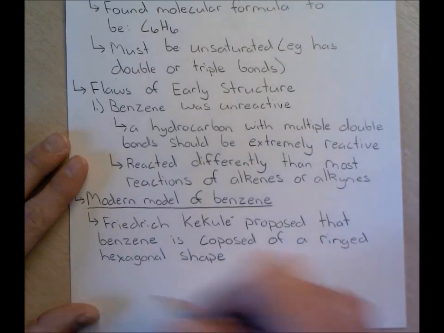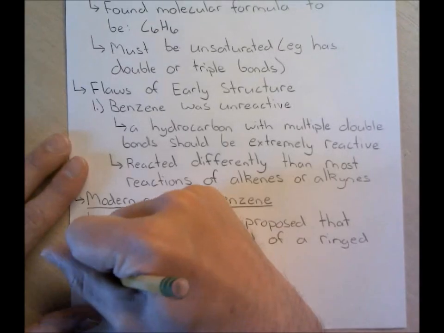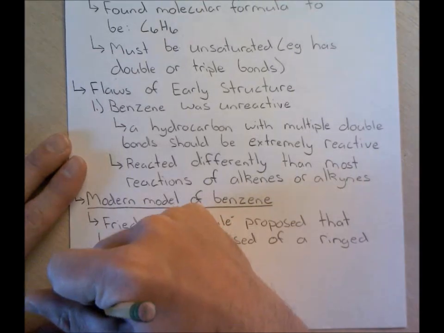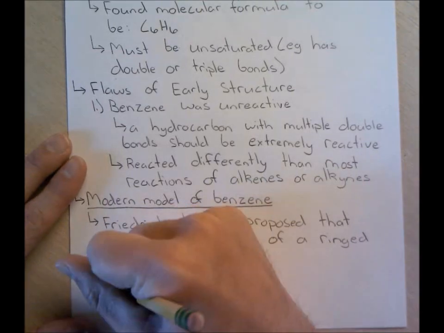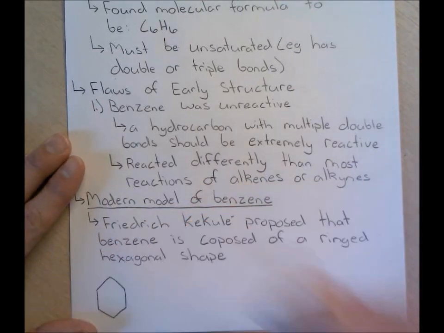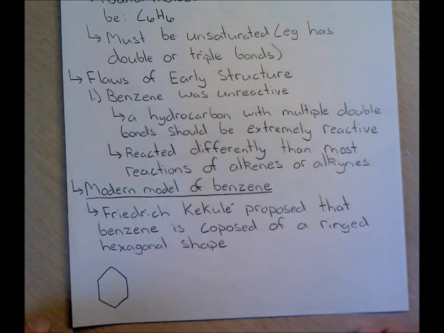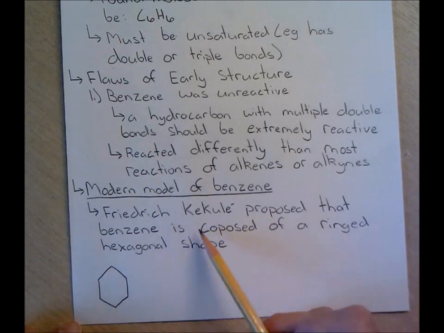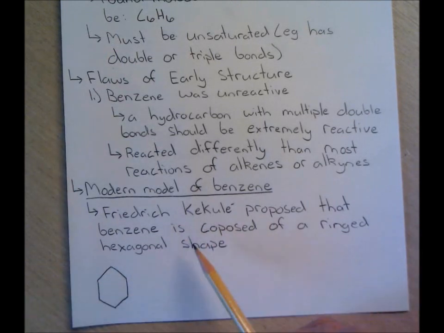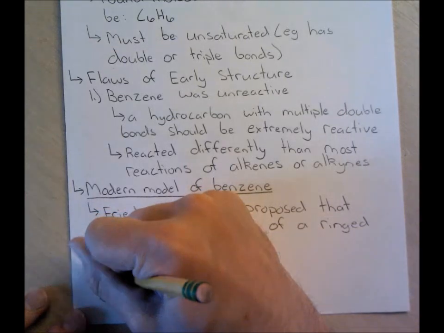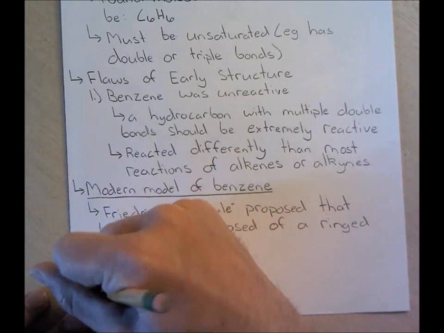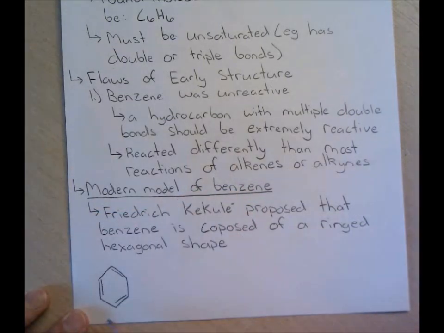We start out here with a ringed hexagon shape, and it should look something like that. Now again, each of these vertices represents a carbon, and then what Mr. Kekulé said here is that every other carbon should have a double bond. So when he proposed this structure, he placed a double bond alternating in every other spot.